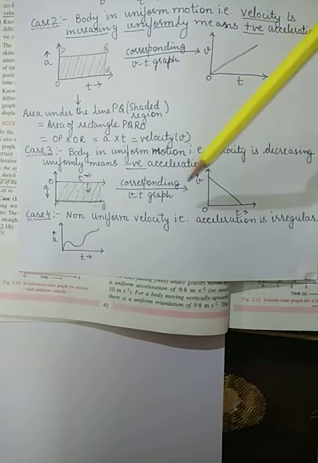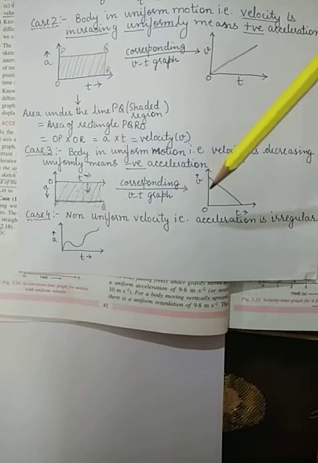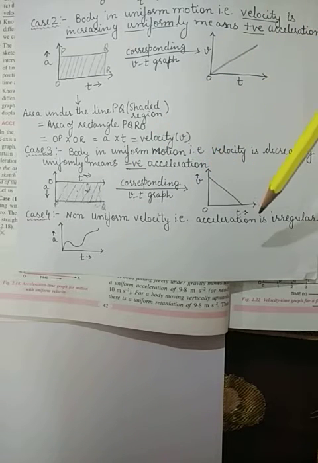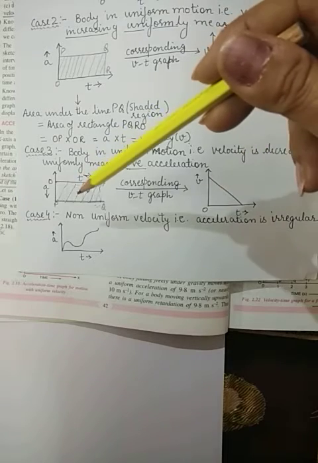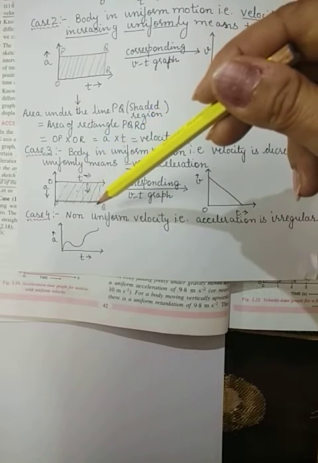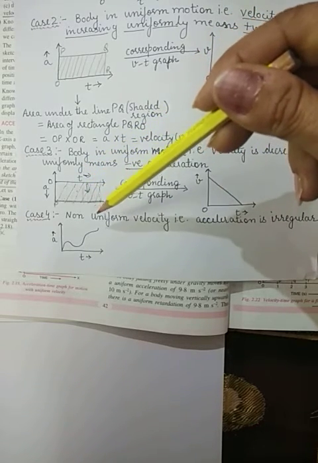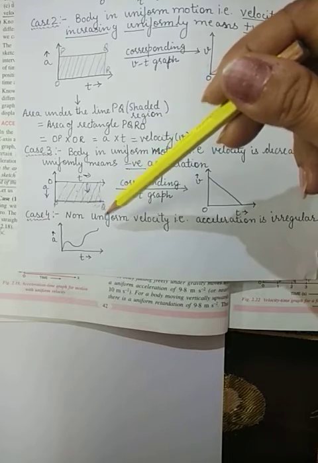Now I have also shown here the corresponding VT graph where velocity is decreasing, so a downward graph. For the same scenario, if the AT graph is asked, you can draw a line which is parallel to the time axis but below the x-axis.